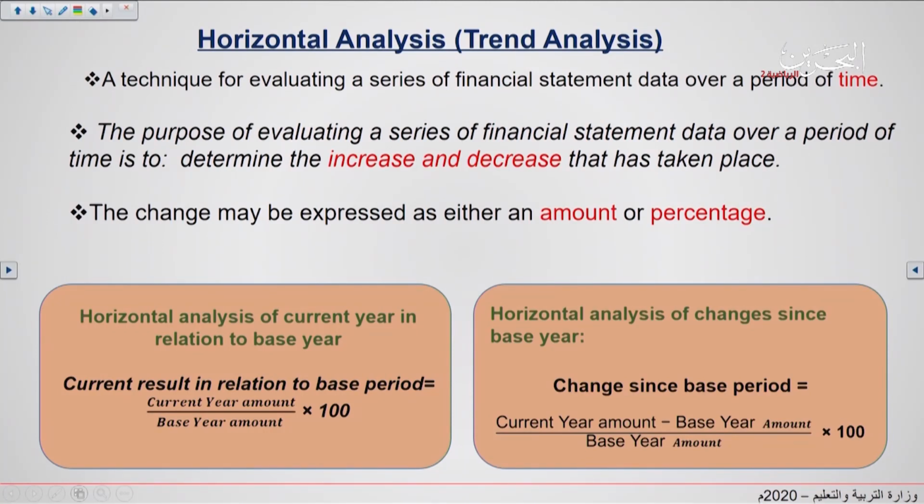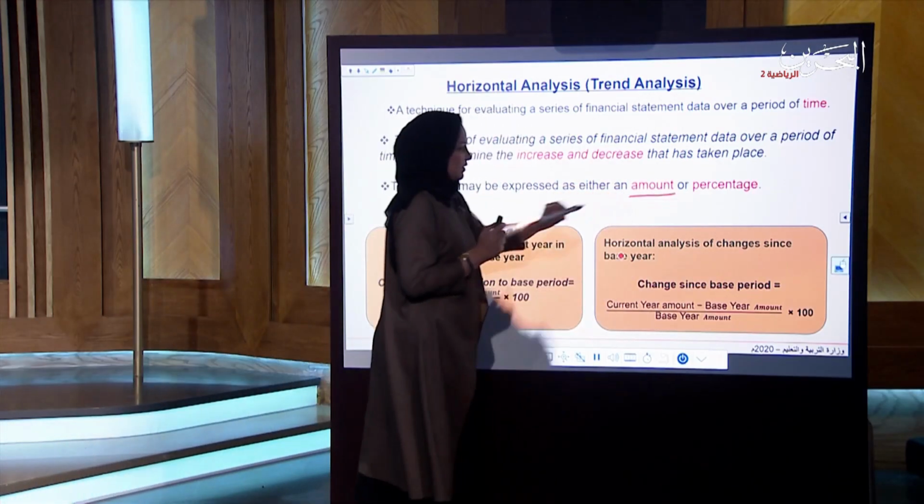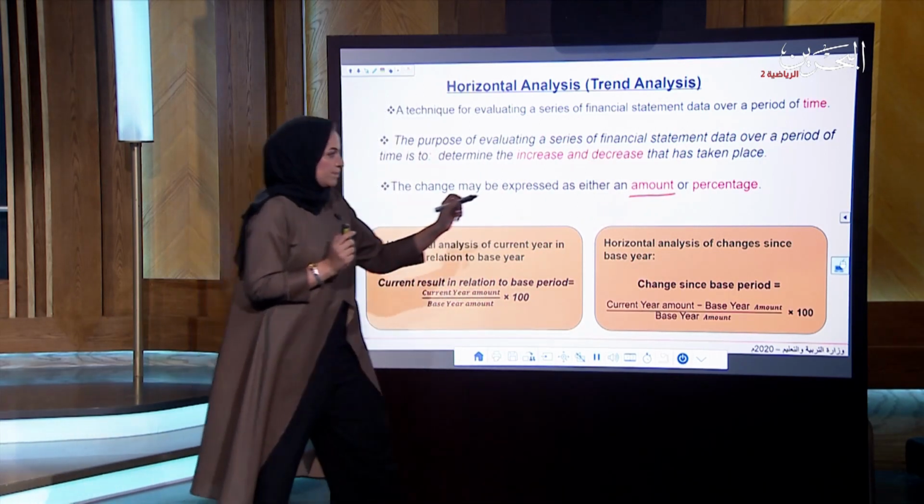Why should we do the horizontal analysis? I want to determine the increase or decrease of the financial statement data that takes place in a specific period. So the change, we express it in amounts like BD or percentage.